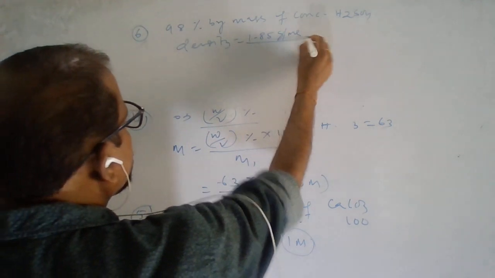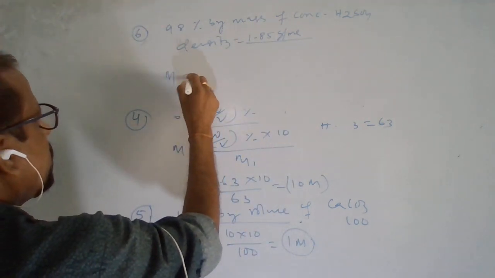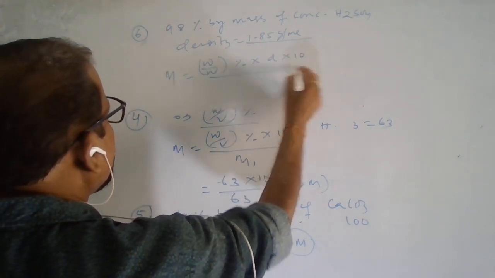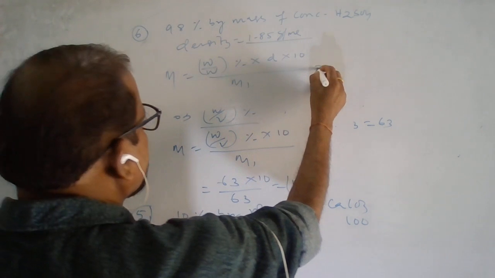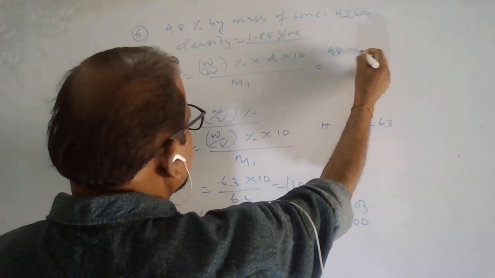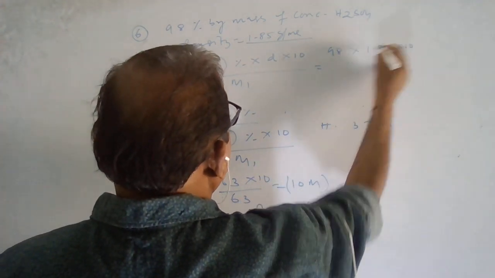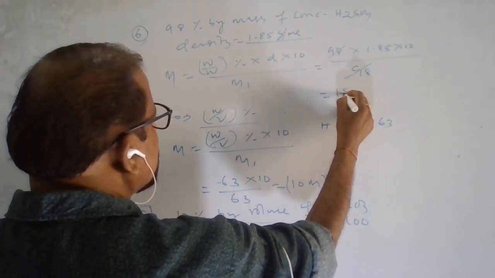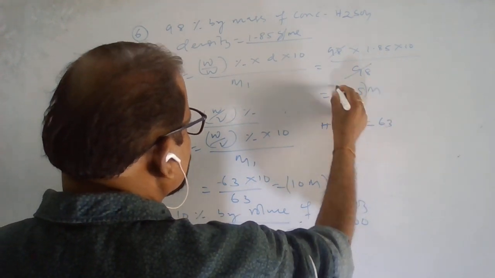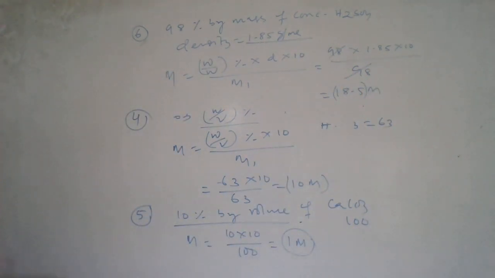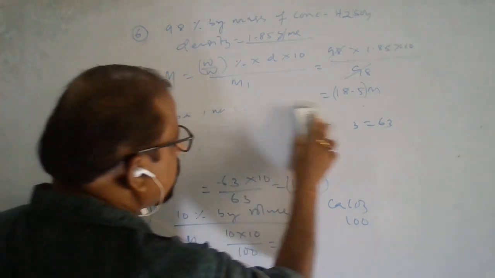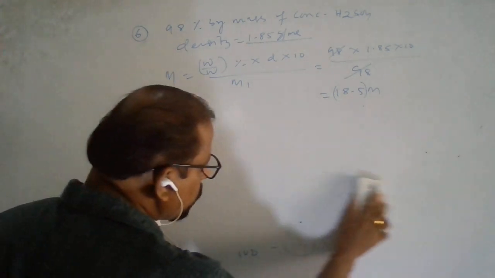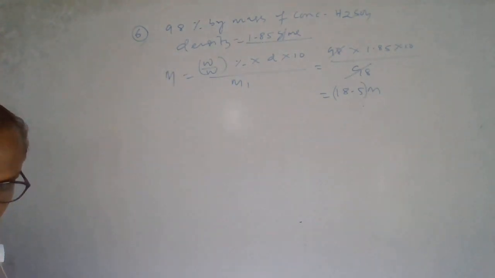So if the density is 1.85 gram per ml, the molarity formula is W by W percentage into density into 10 by the molecular mass M1. So W by W percentage is 98, density is 1.85, into 10 by the molecular mass, which is also 98. 98 will be cancelled, that will be 18.5 M. So that is the molarity of concentrated sulfuric acid.